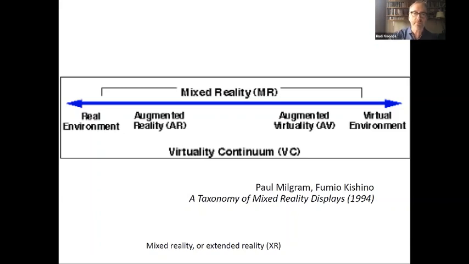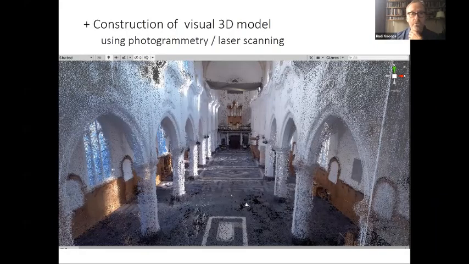So we decided from the start that in addition to measuring the acoustic models of buildings that have been important, we would also do a reconstruction of a visual model using photogrammetry or laser scanning. This is a point cloud using only photogrammetry. We will definitely use laser scanning because this quality is too limited for what we do.